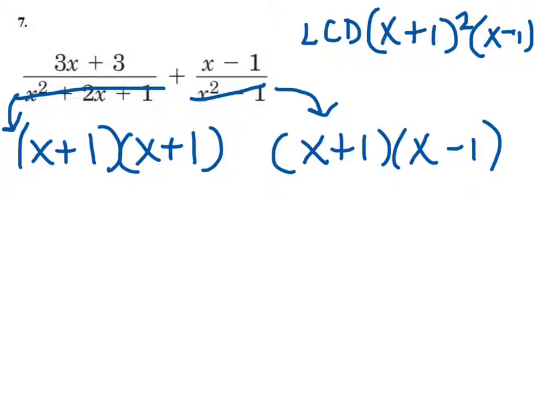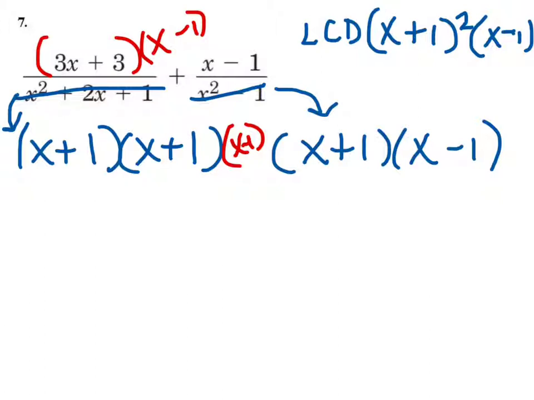So what we need to do is multiply the top and the bottom of our first fraction by an x minus 1. So let's wrap parentheses around any of our binomial numerators. Now in the second example, I have an x plus 1 and an x minus 1.